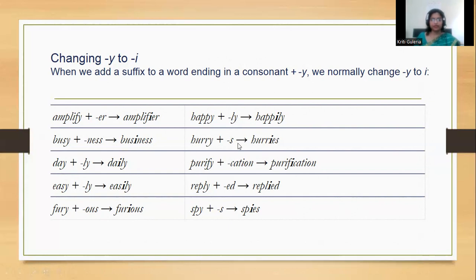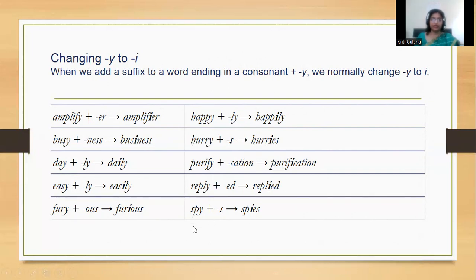Hurry plus the suffix s becomes hurries. Again, Y replaced by I. Purify plus cation, so Y being replaced by I, it becomes purification. Reply becomes replied. Spy becomes spies.